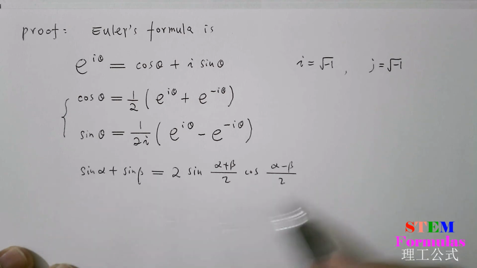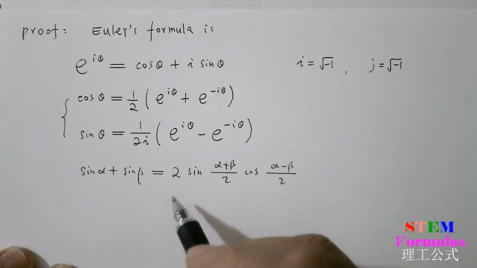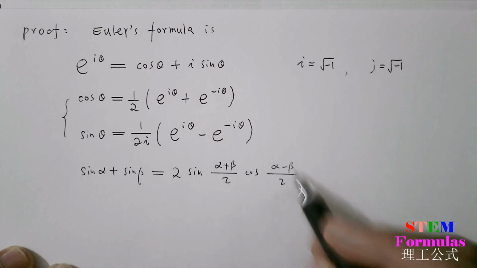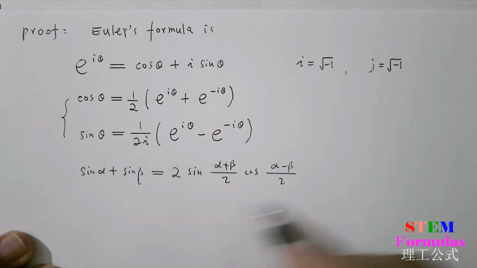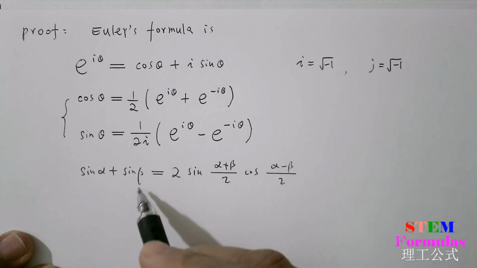To prove this identity, we are going to work on the right side. So we want to prove that the right side is equal to the left side.